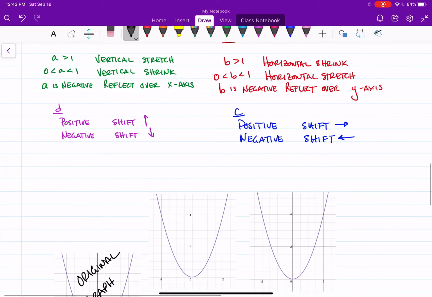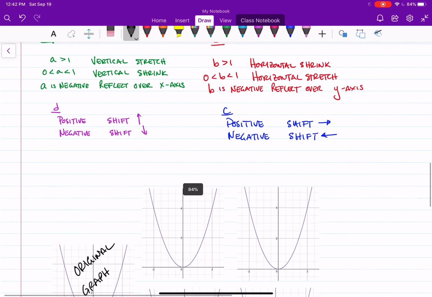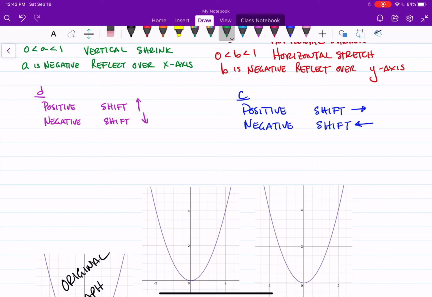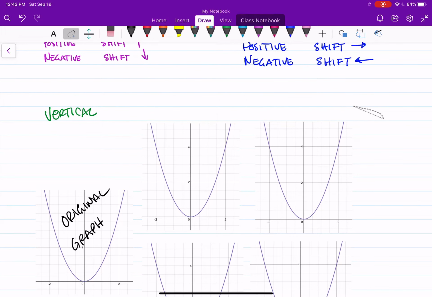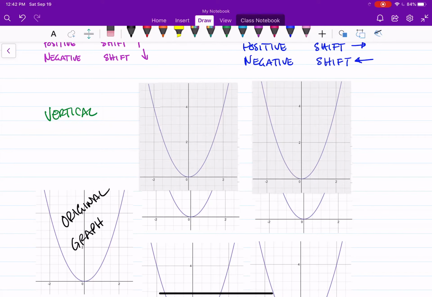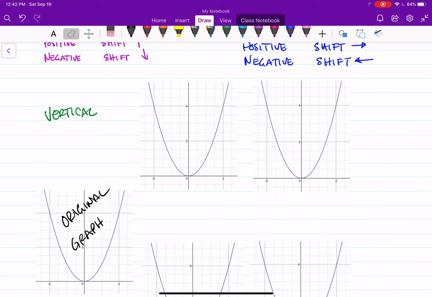Actually, you know what? Let's do this. Okay, I'm gonna put down vertical. I'm going to select these two graphs right here and shift it upward. Okay. And then this is what I'm going to do.